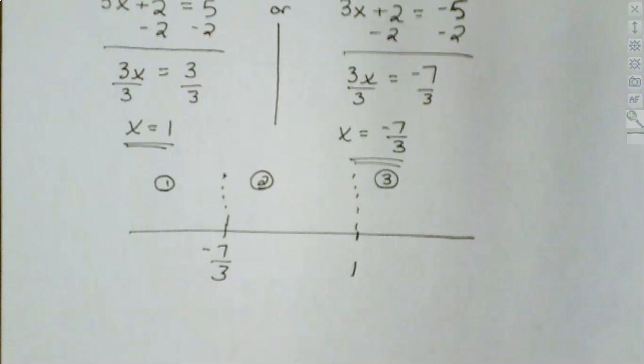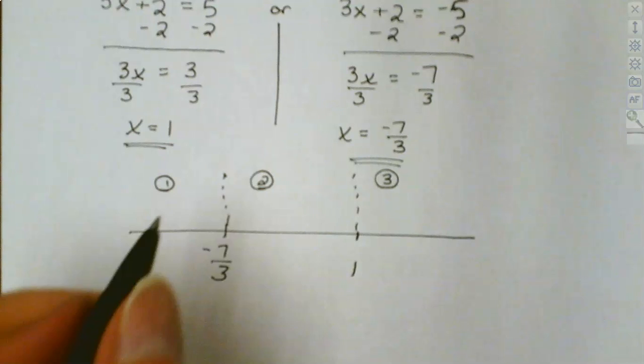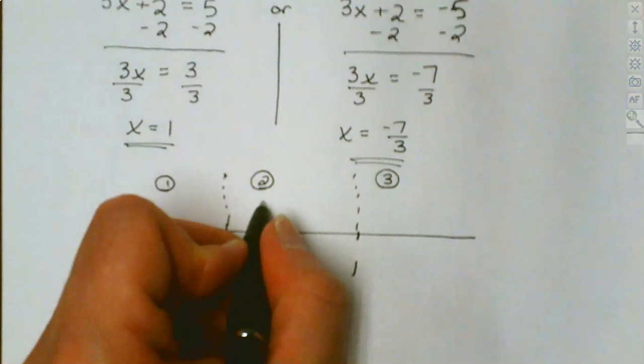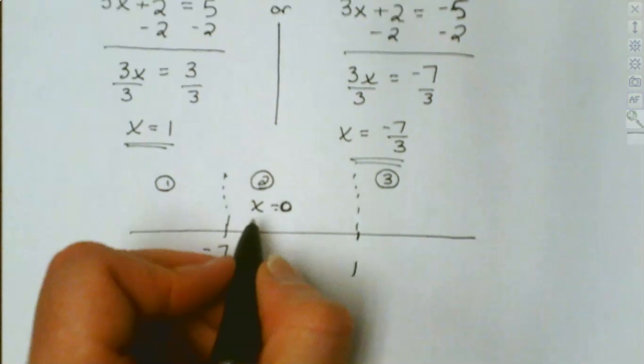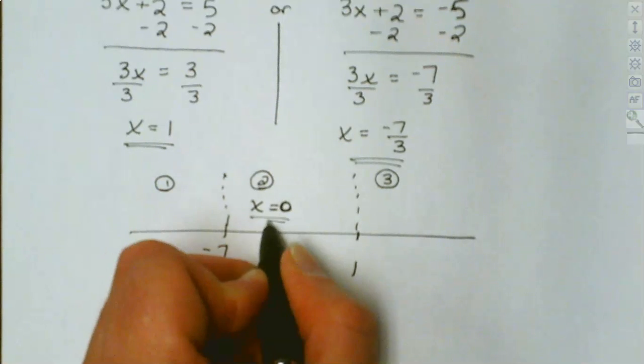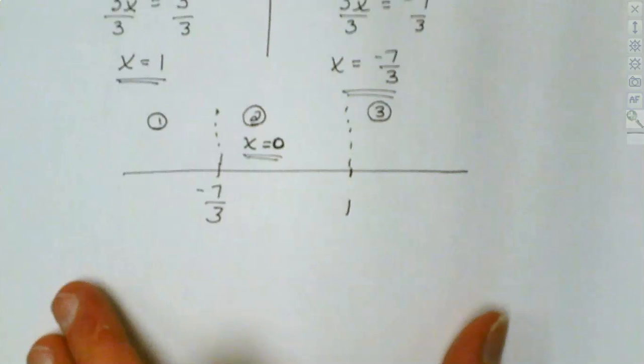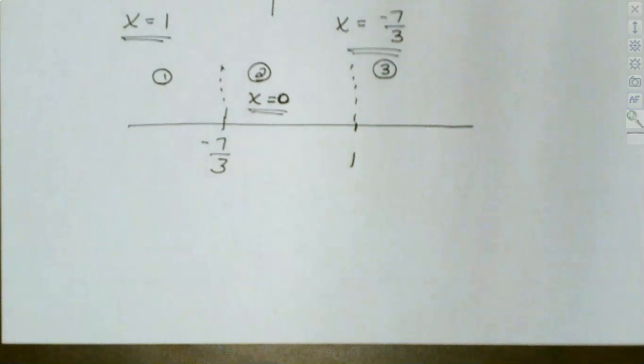We split this up into 3 separate parts. We need to locate 0 because we're going to check 0. The only number that we have to check is 0 in the original. So 0 is in region 2. Always make sure that you find that 0.